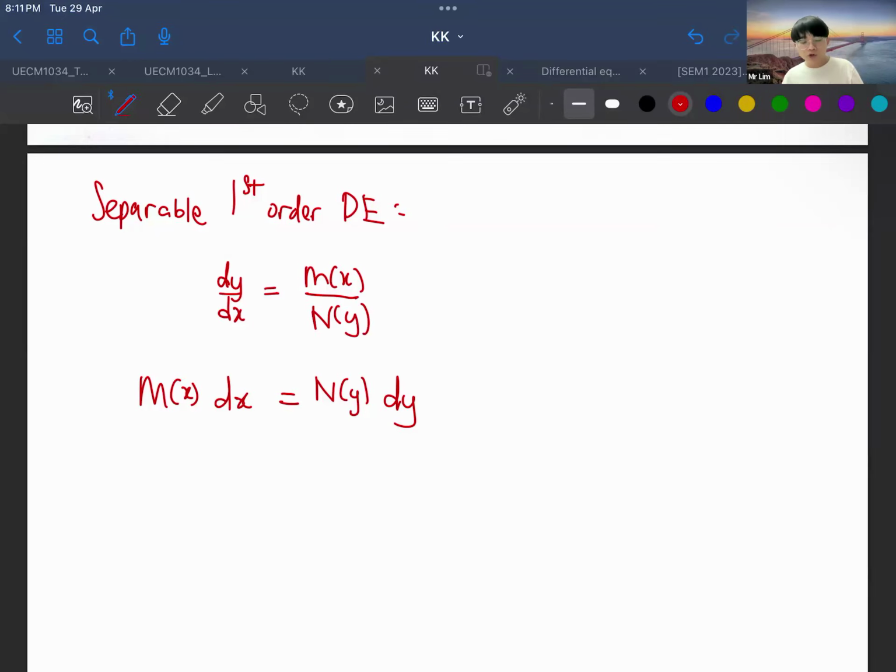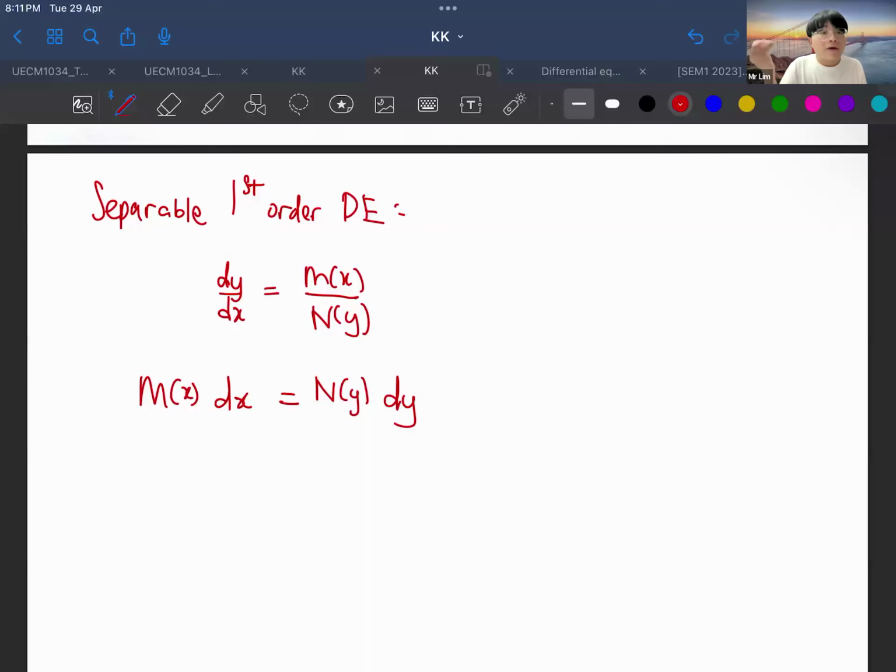If you notice, in most of your textbooks or reference books, they also define it this way, meaning that you can have either a product or a fraction, a quotient. One side only depends on x, another one only depends on y, and you can separate them. That's why we call it separable. So this is the definition.